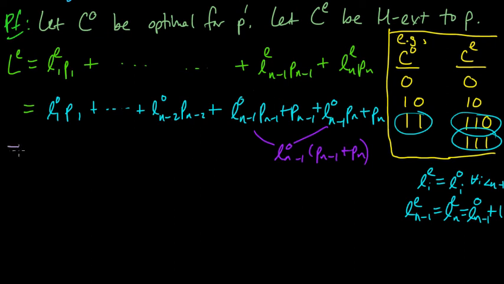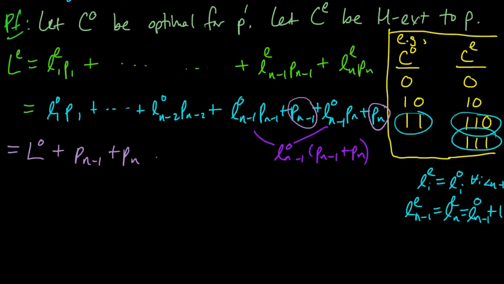If we combine those two terms, what do we get? Over here, this whole thing was equal to L0, the expected code word length of C0, plus p_{n-1} plus p_n. There was this guy and this guy, and all the others just get thrown into here.